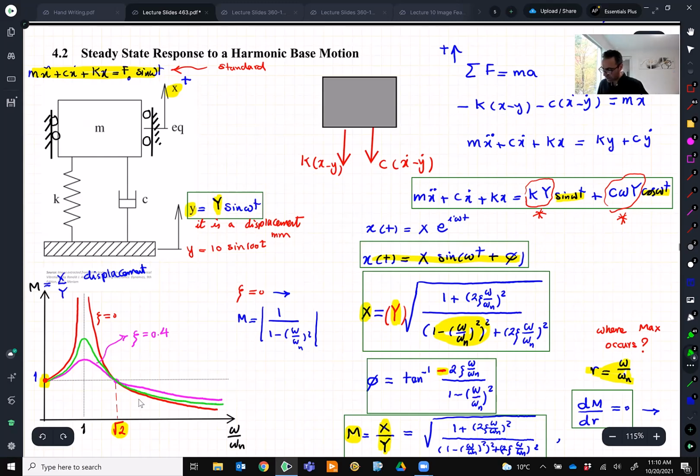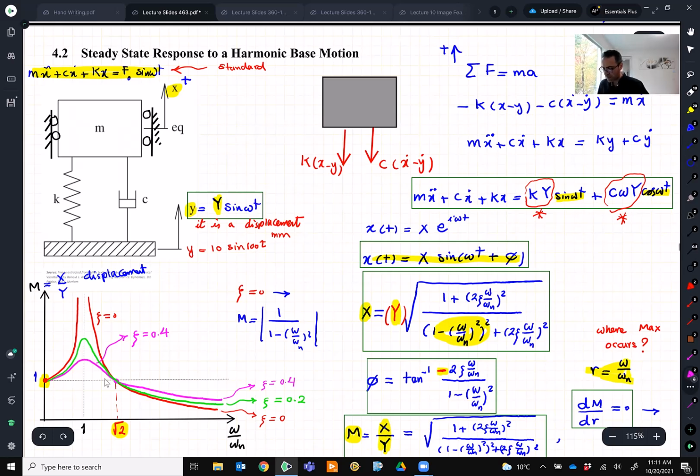So that's the green one. And the green one, let's say zeta is equal to 0.2. The red one, zeta is equal to 0. And the pink one is zeta equal to 0.4.